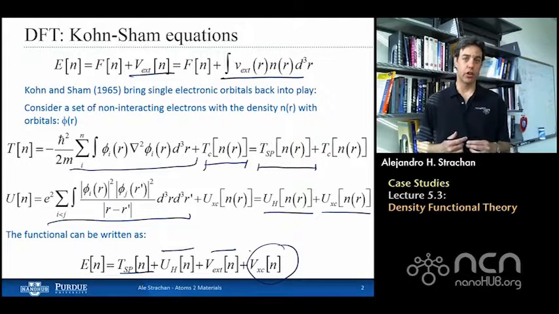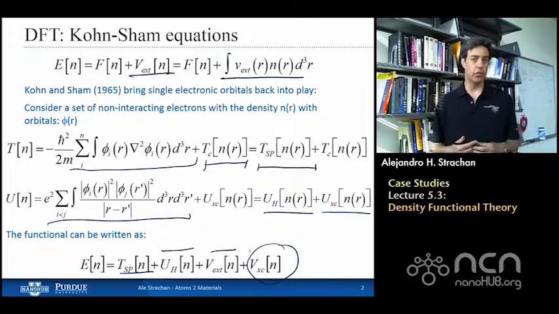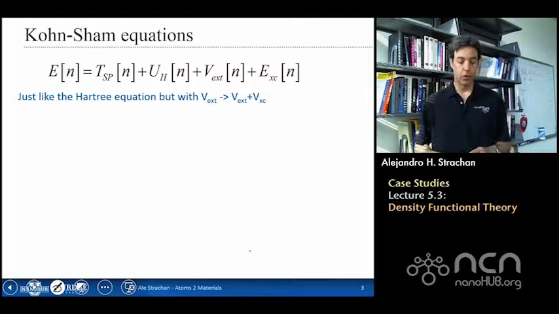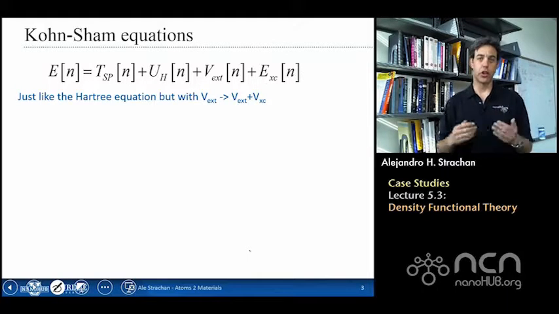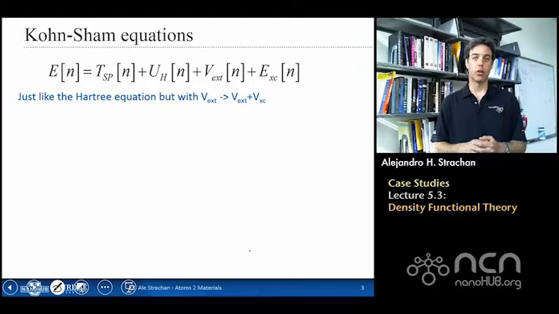It's just rearranging terms, and putting everything that's unknown into a single term. So it looks like we haven't made any progress, just rearranged the terms. However, when we look at this energy expression, it looks exactly like the Hartree equations.